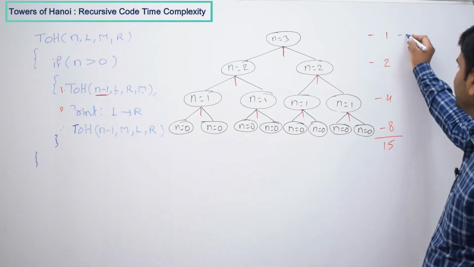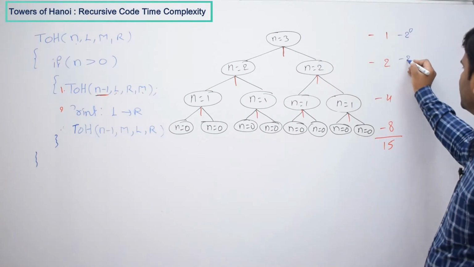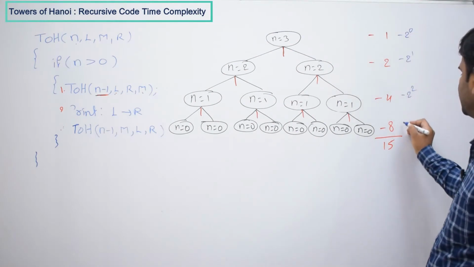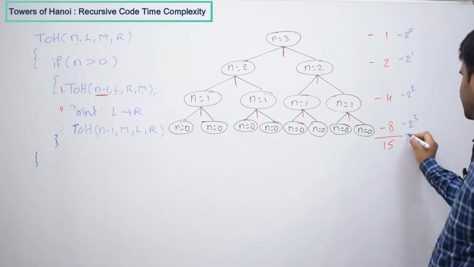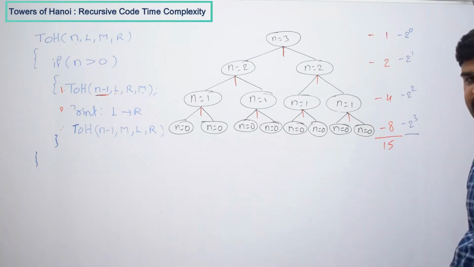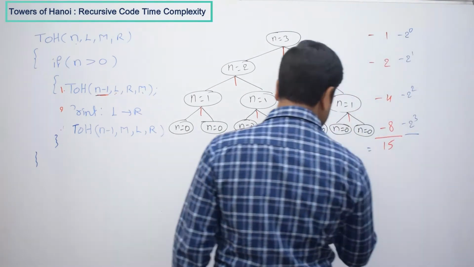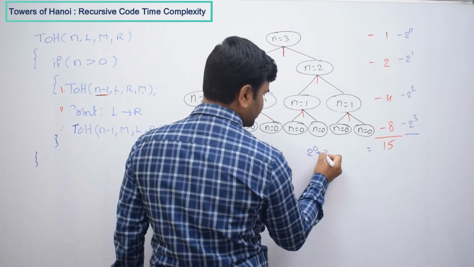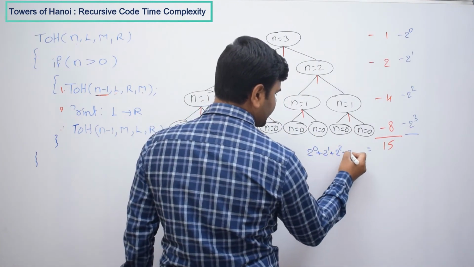So this you can write as 2 power 0, 2 power 1, 2 square, 2 cube. So this total summation is actually 15. So that 15 is actually 2 power 0, 2 power 1, 2 square, 2 cube.